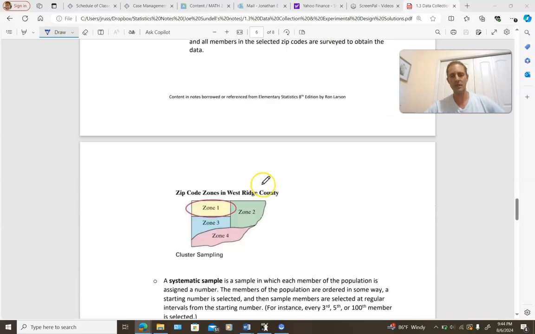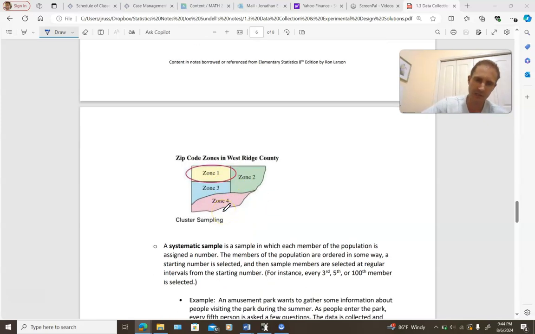So here's another example. You could also think about counties. And coincidentally, this looks a bit like northwestern Arkansas. Okay, this is just a random geographical area here. But you could break it up into counties or states even, right? Okay, so that's another example of cluster sampling.